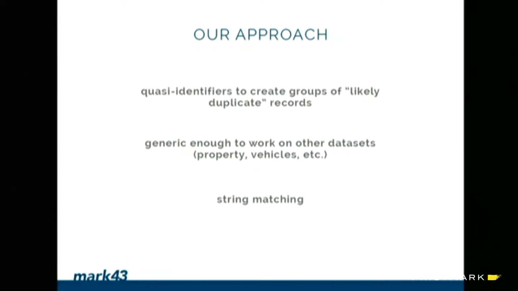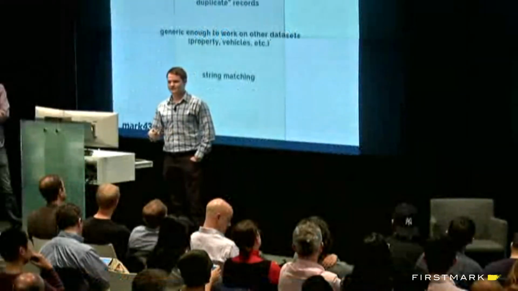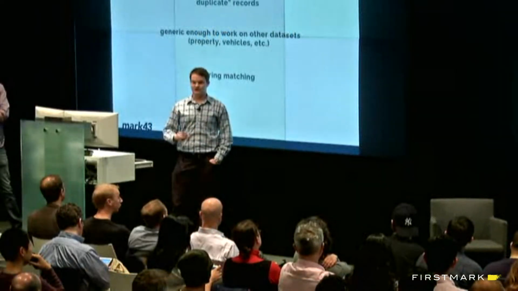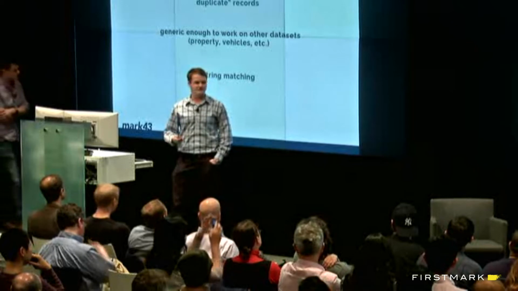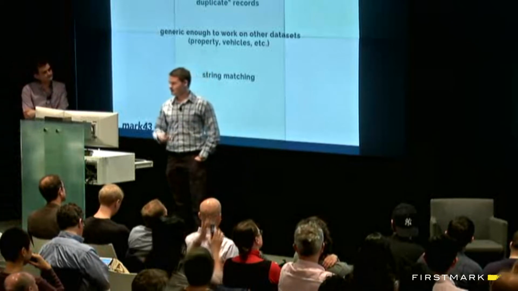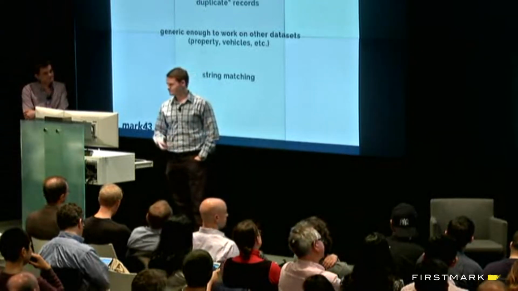And this approach was particularly attractive to us because it doesn't rely on intrinsic qualities about the data set under it. As we scale up and as we bring in more and more data sets, we can use this exact same approach to continue merging in records without having to write a bunch of custom logic, which clearly was not scalable.